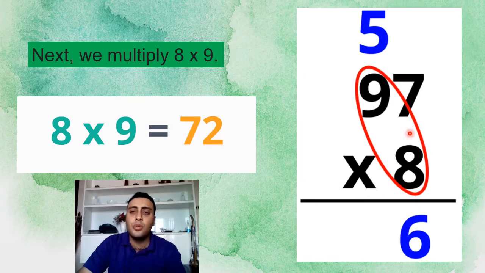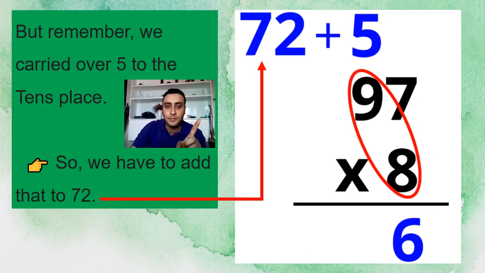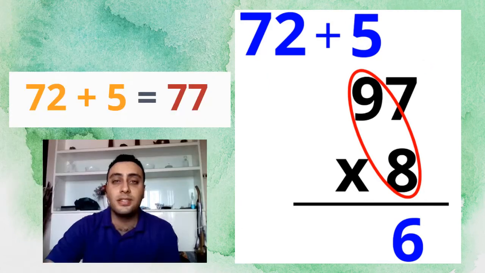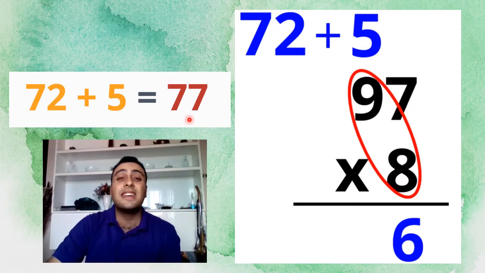Now, we do 8 times 9, which is 72. Now, look at here. 72, we're not going to write it here. Remember, we have 5 here, the 50. So we do 72 plus the 5 up here, right? So what is it? It's 77.